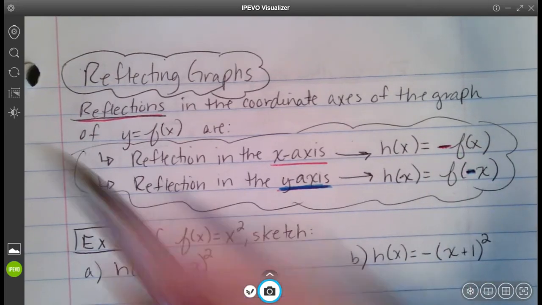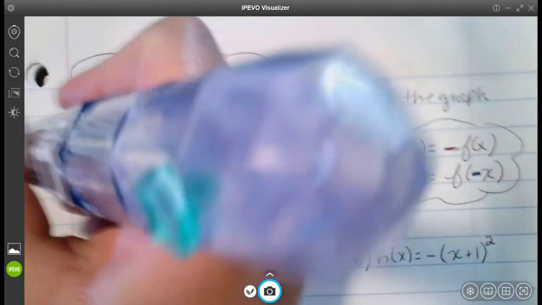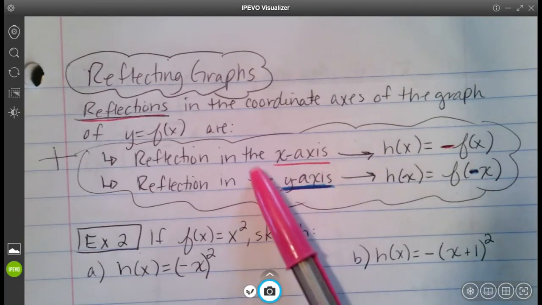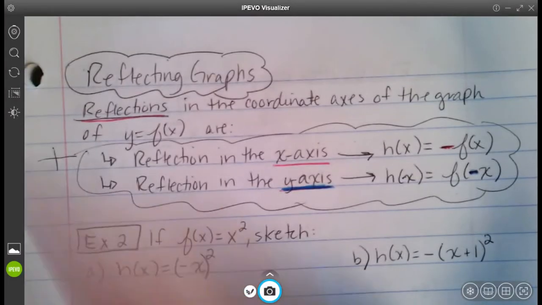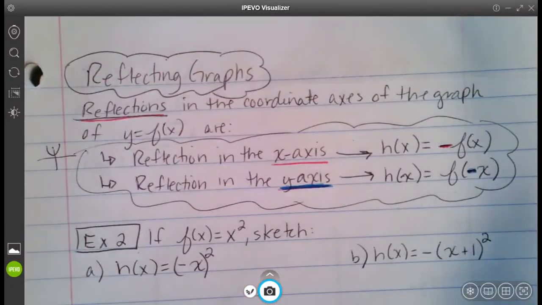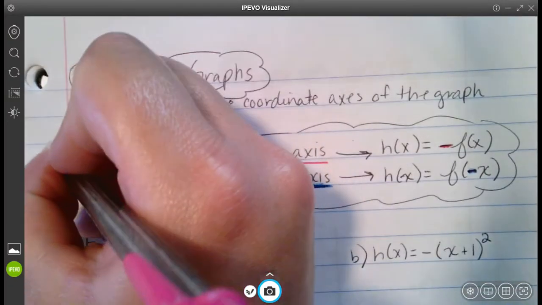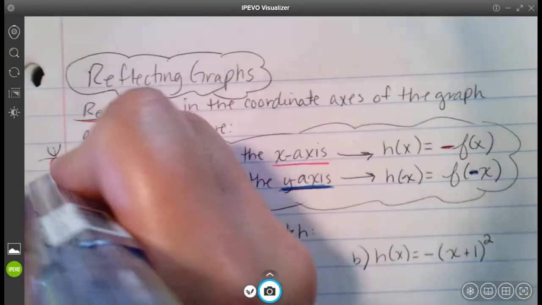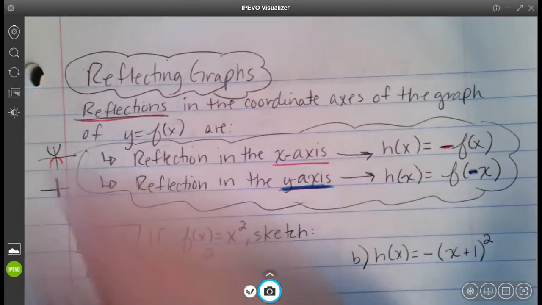So I'll put a little example here on the side if you want. So an example of this kind of symmetry would be something like, there's our OG. This would be the new one. It flips over the x-axis, okay. Reflection on the y-axis, okay.